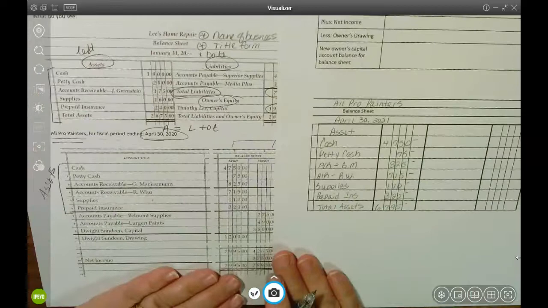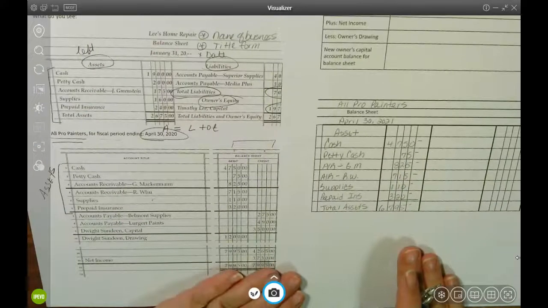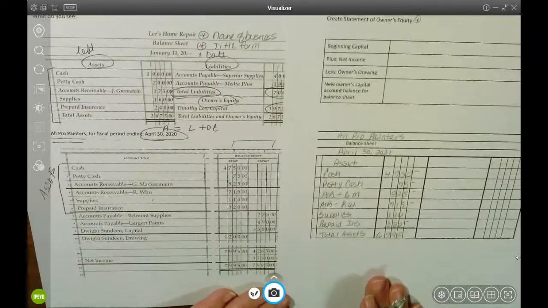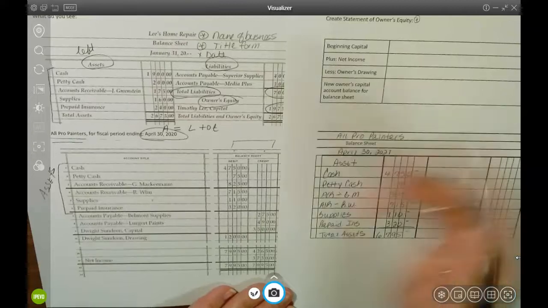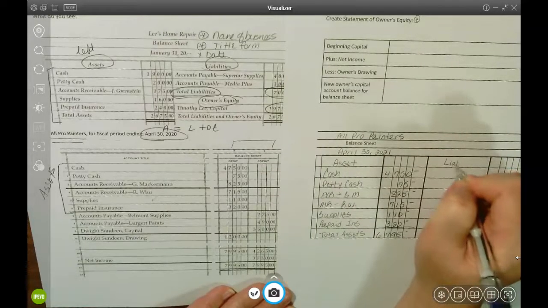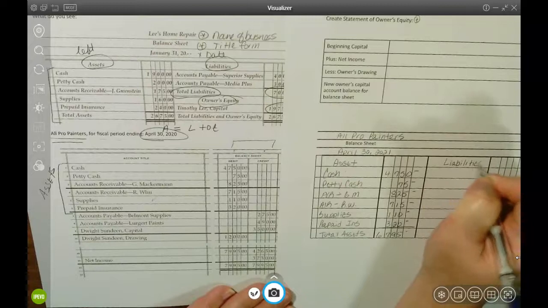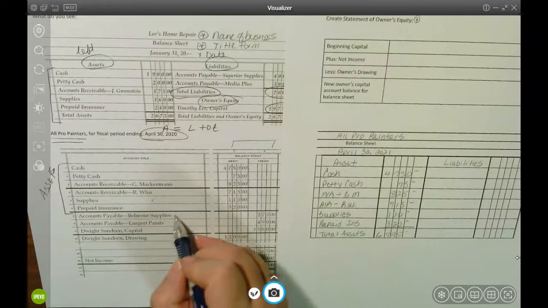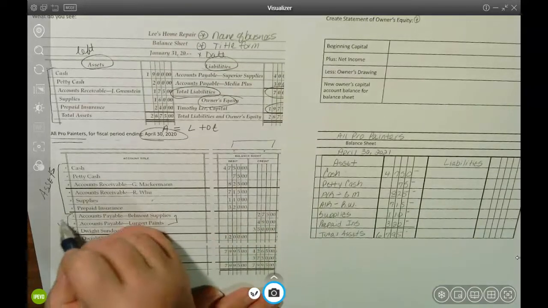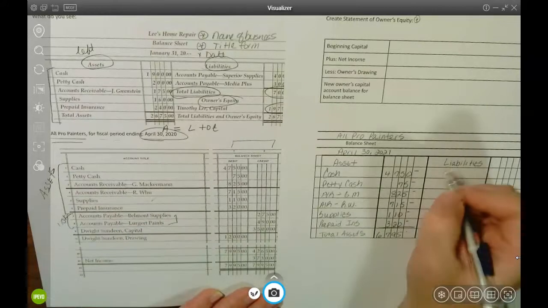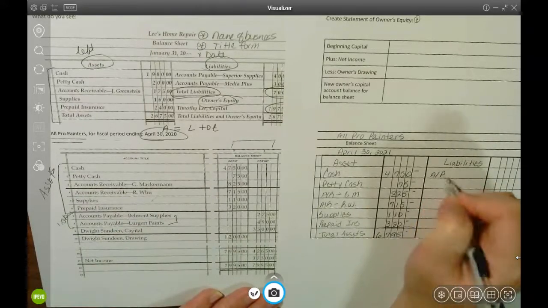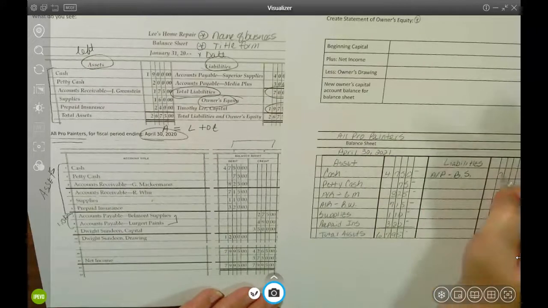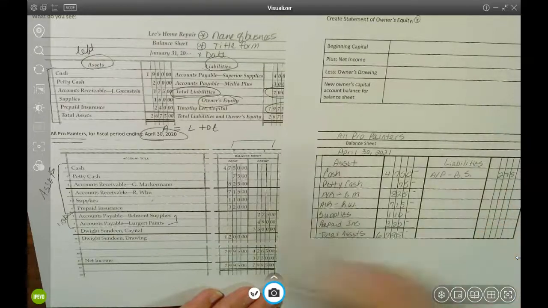Now it's time to look at the liability and capital part. So now we are going to write liabilities centered. We are going to write the two accounts payable accounts. It looks like those are the only liabilities that we have. So we're going to do accounts payable A/P-BS for Belmont Supplies, $275.